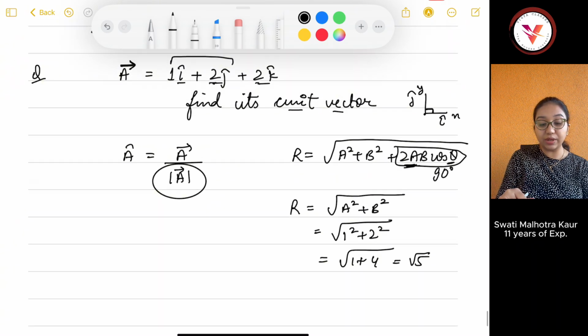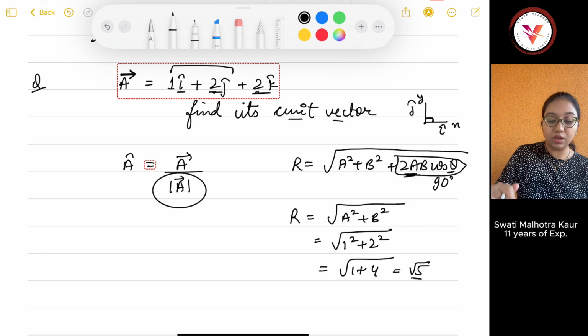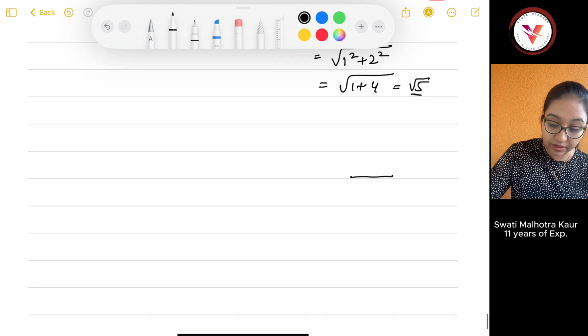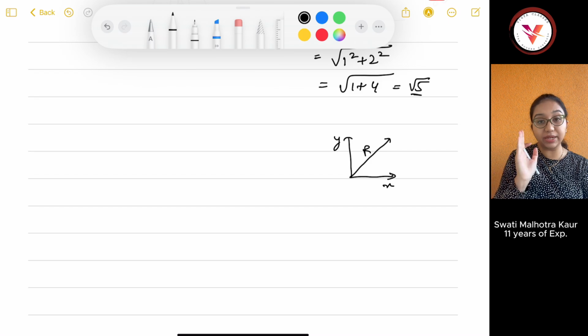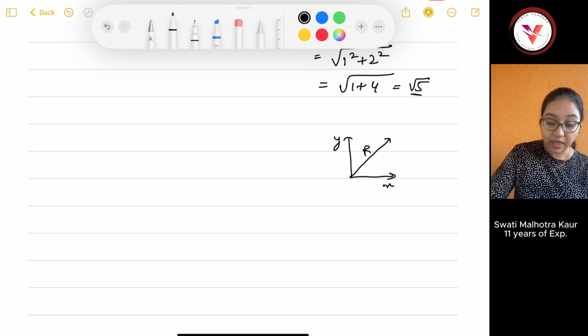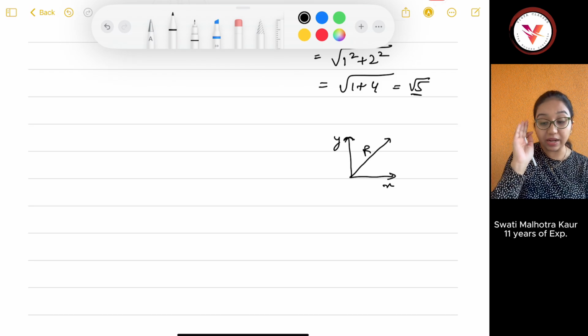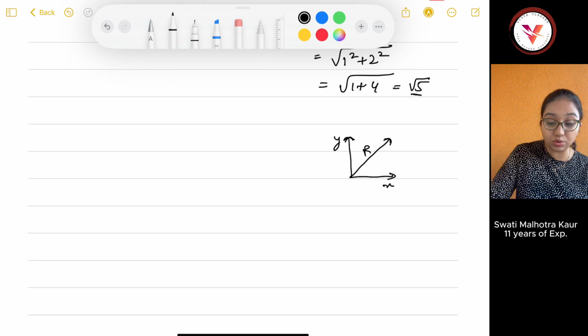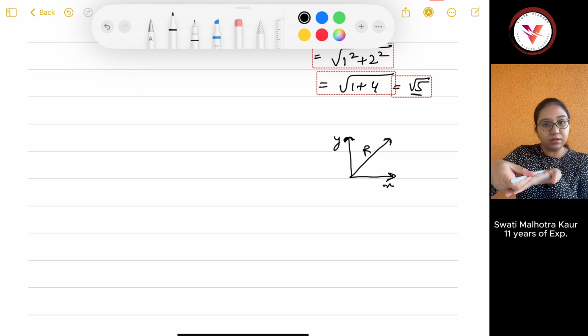Now you have to combine this with 2k cap. Now this resultant will go with this. Now understand it. The xy resultant will give me a resultant along its diagonal. Okay. If x and y are the two sides of a parallelogram, then its resultant is along the diagonal. Now this diagonal will also be in this xy plane.